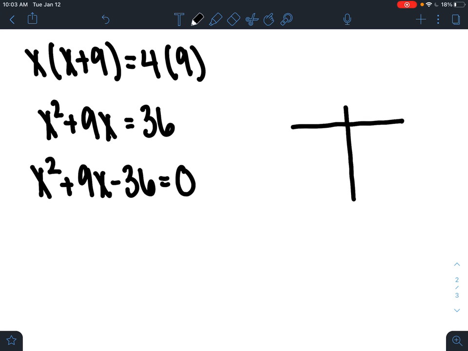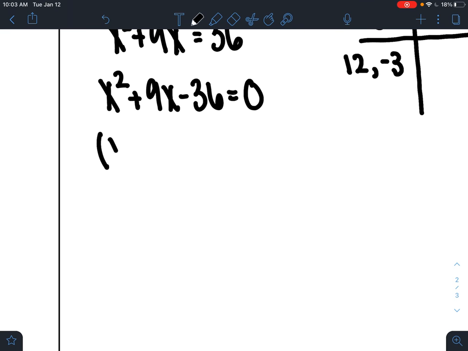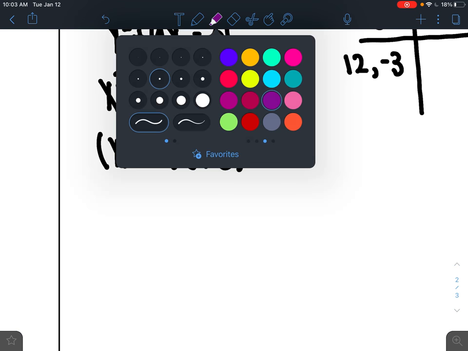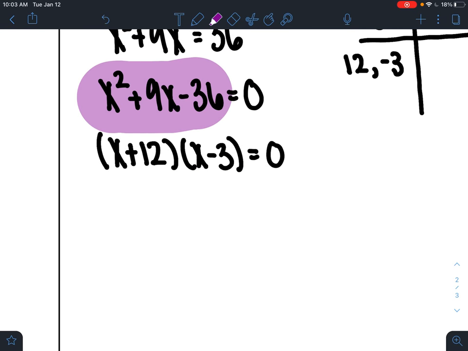What I need to find is two numbers that multiply to get a negative 36, but add to get a positive 9. I'm going to find that those two numbers are 12 and negative 3. So I have x plus 12 and x minus 3 as my factored form of this up top.